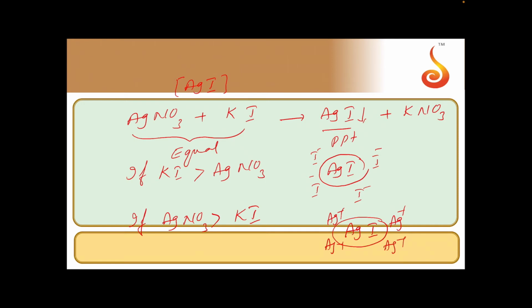So adsorption takes place only if you have a common ion. So preferential adsorption of the common ion always takes place to give a particular type of charge. Since we require a negatively charged salt here, definitely potassium iodide should be more.